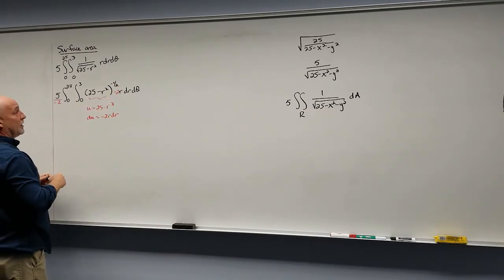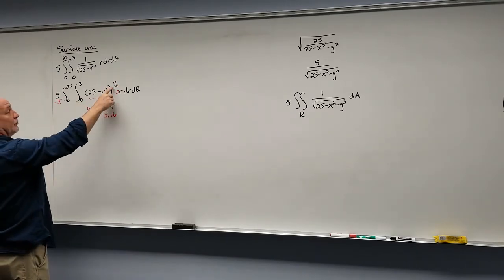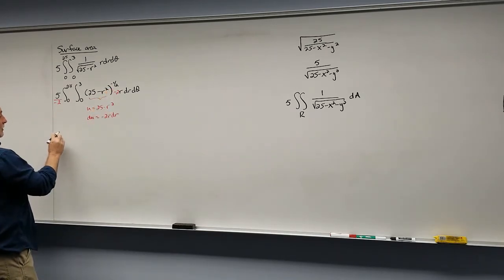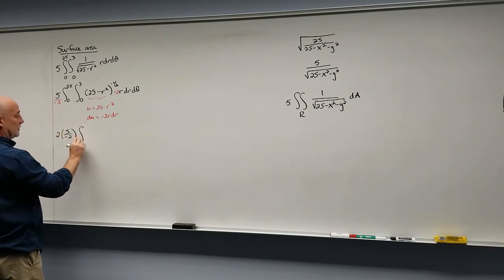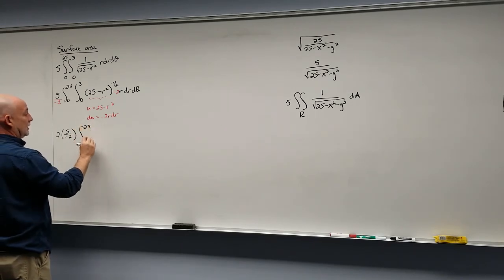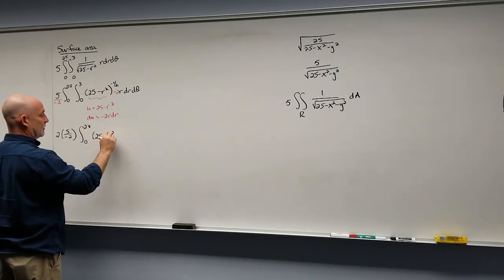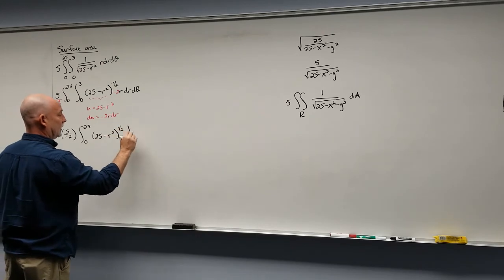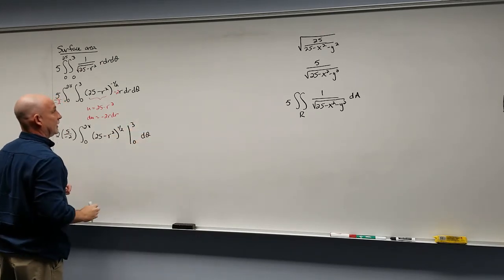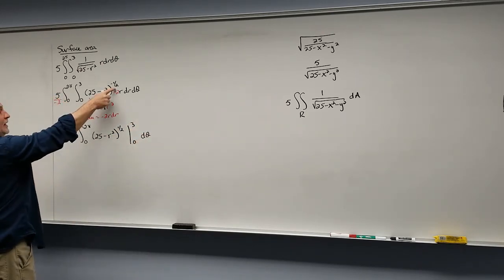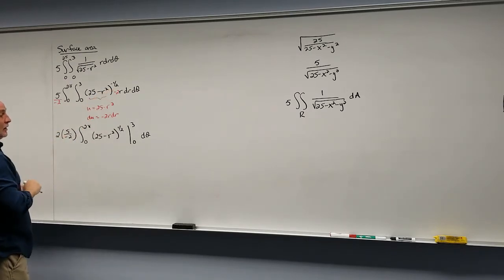So we would add 1 to that power and divide by that power. So if we add 1 to negative 1/2, we get positive 1/2. Multiply that, we would get a 2 times 5 over negative 2, the integral from 0 to 2 pi of 25 minus r squared to the positive 1/2, from 0 to 3, d theta.